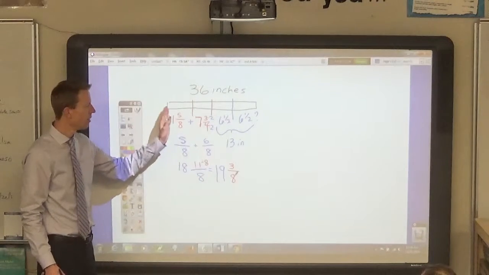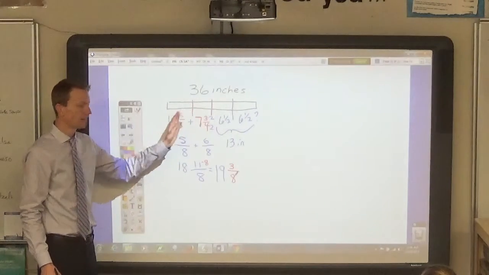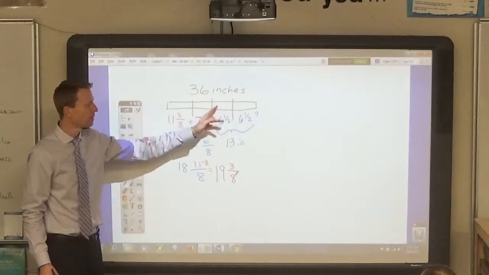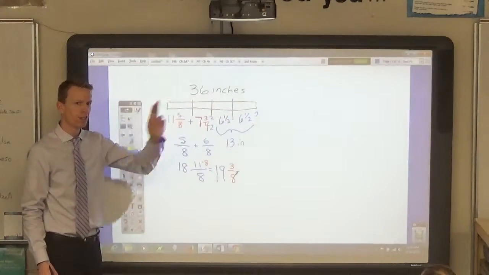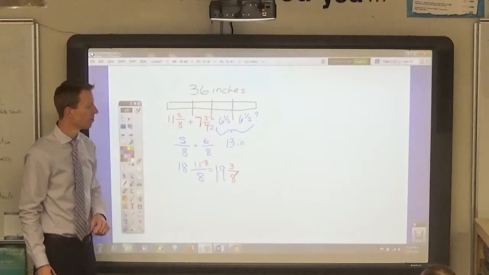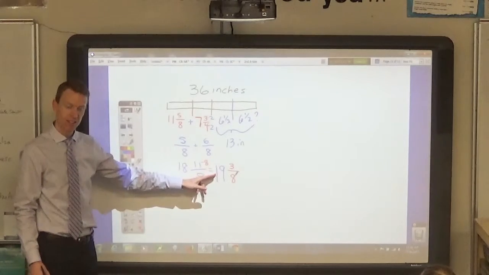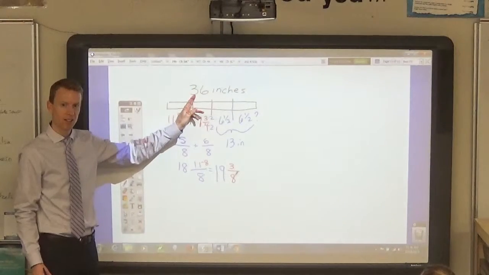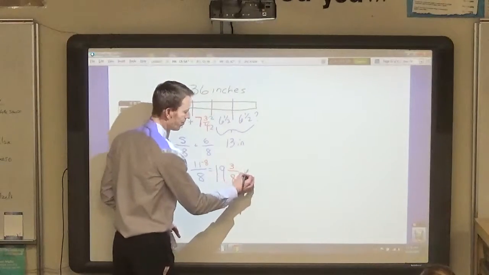We could find what this amount is, and then take that away from 36 and get the remaining amount, or we could add it to 13 and see if it adds up to 36. What if it does?